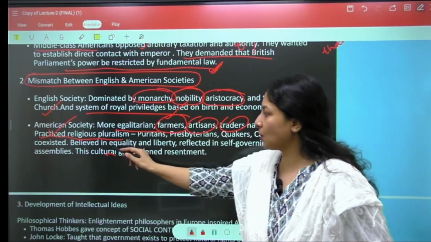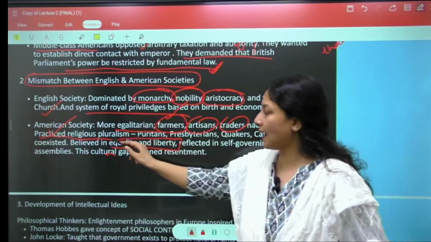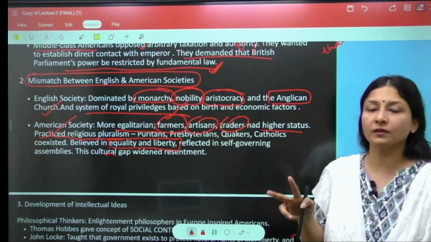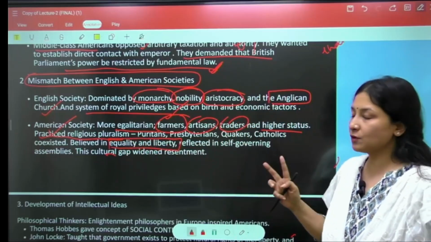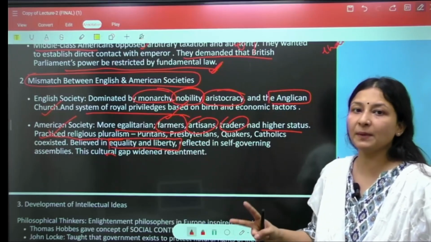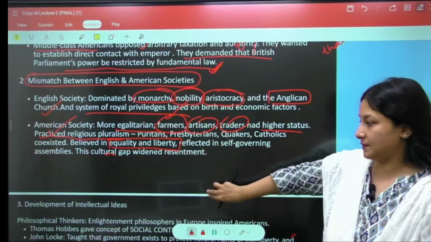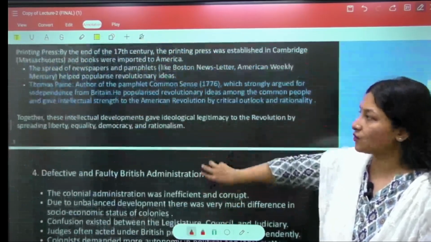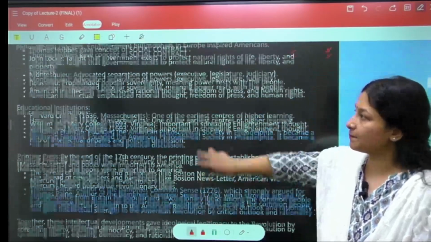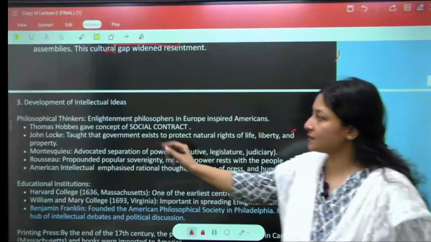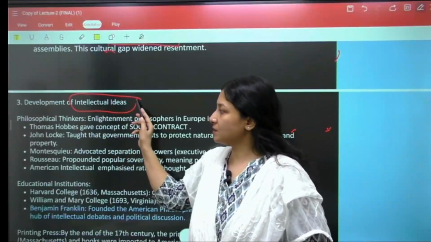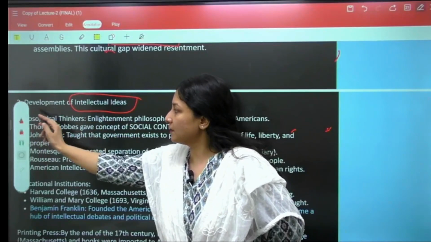They believed in the concept of equality and liberty. Now both the places have absolutely different cultures and different thought processes.